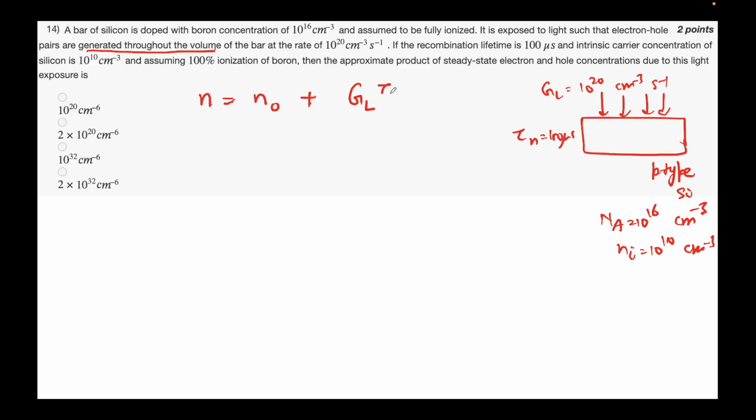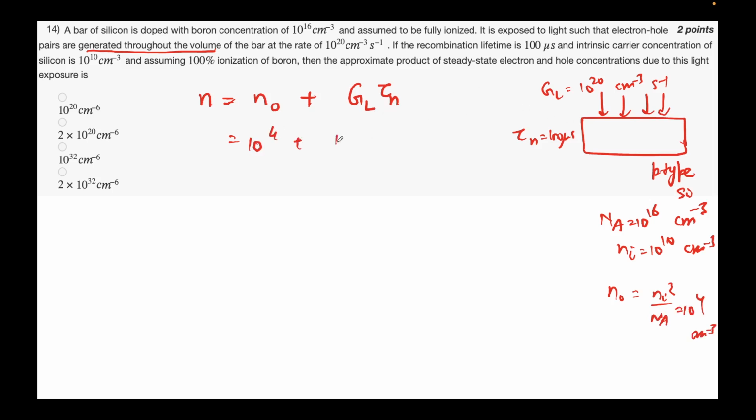GL times tau n. So what will be n naught? n naught is my background concentration. So if this is the doping, then n naught will be ni square by Na. This comes out to be 10 to the power 4 cm minus 3. So this number turns out to be 10 to the power 4 plus GL.